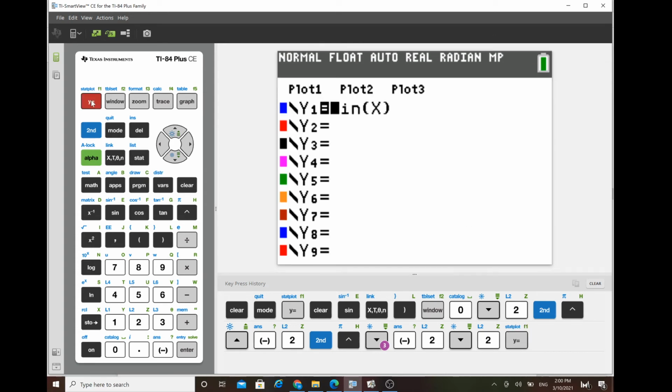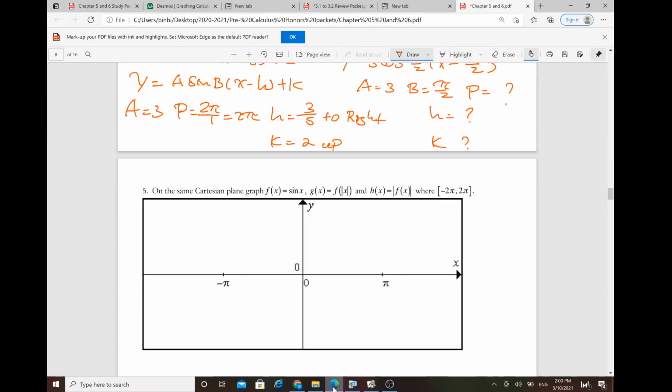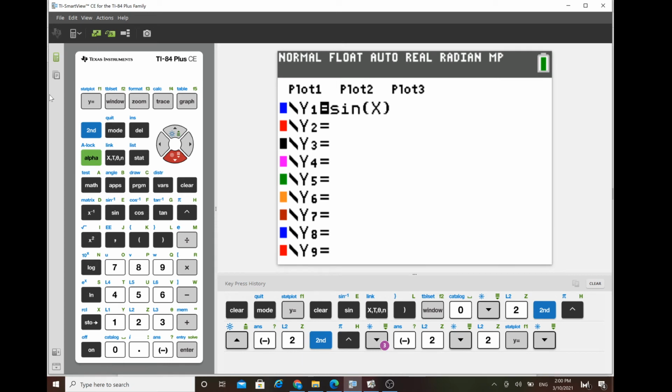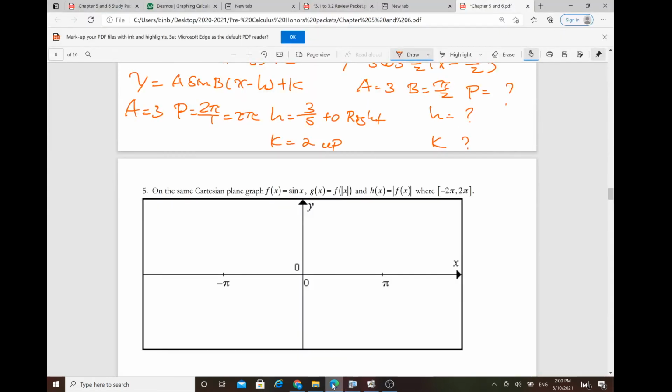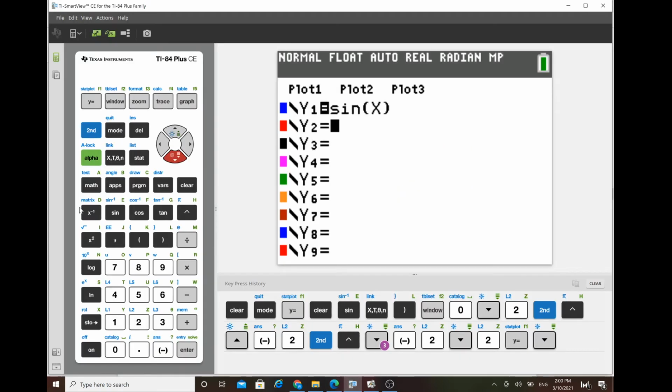And then y equals y2, so let's find out what that is. So y2, let's put in f of absolute value of x. So that means it's sine of absolute value of x.